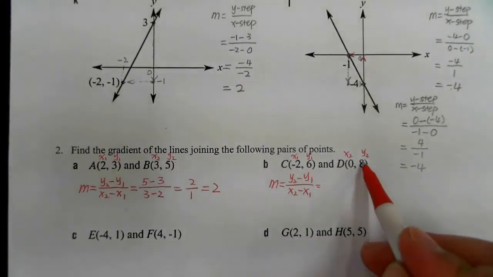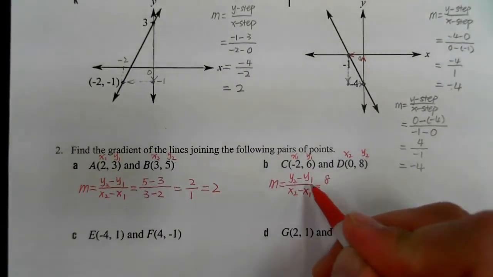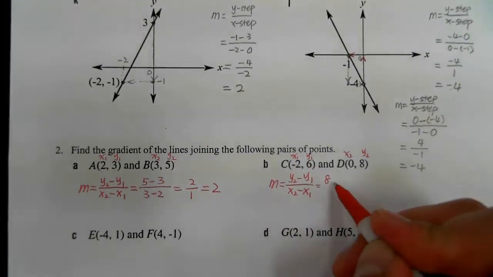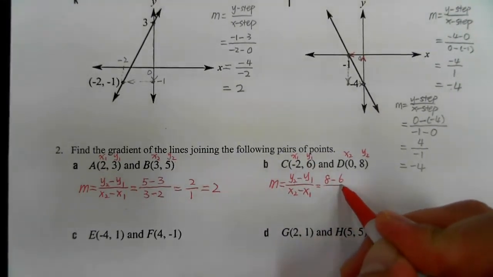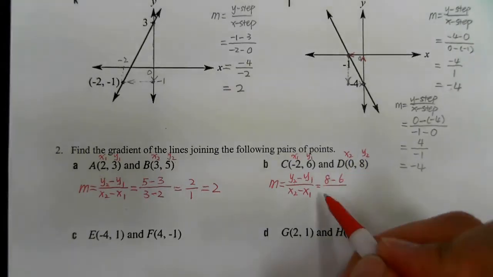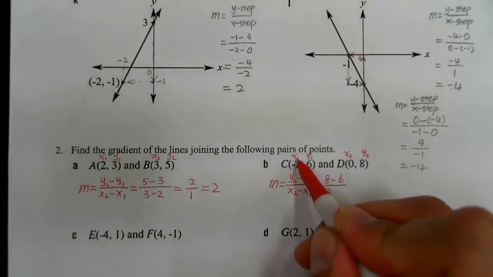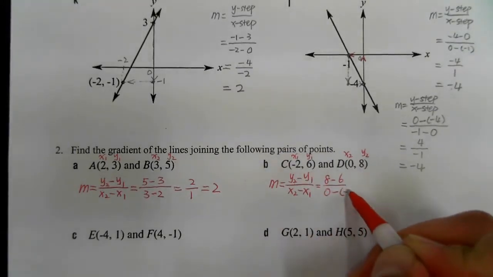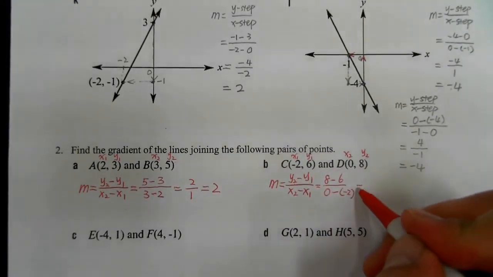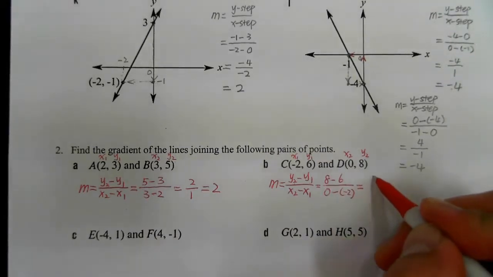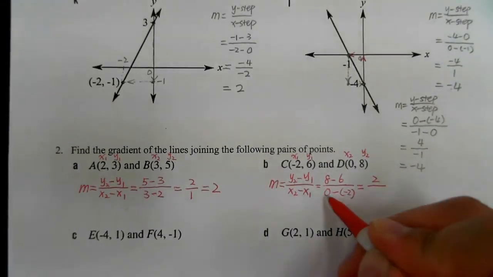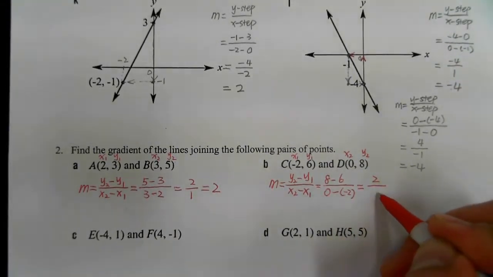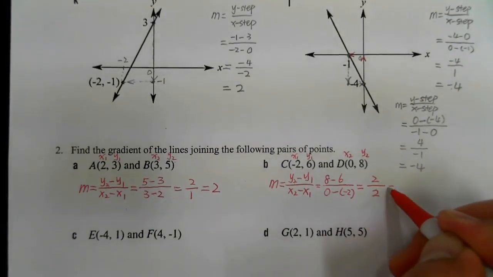So substitute y2, which is 8. y1 is 6, so take away 6. x2 is 0. x1 is negative 2, so take away negative 2. Alright, and then we can do the calculation. So that is 2. This one is 0 take away negative 2, which is 2. So the answer is 1.